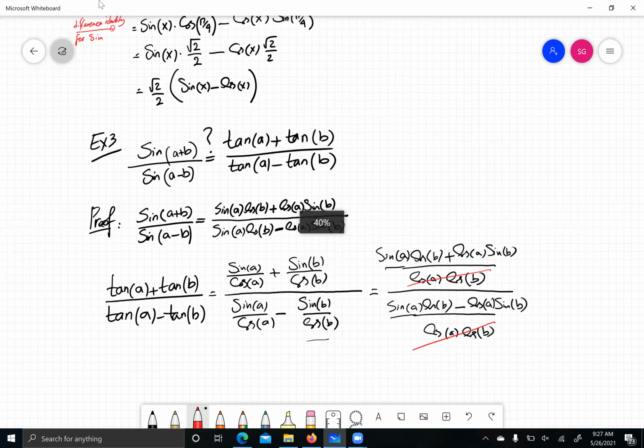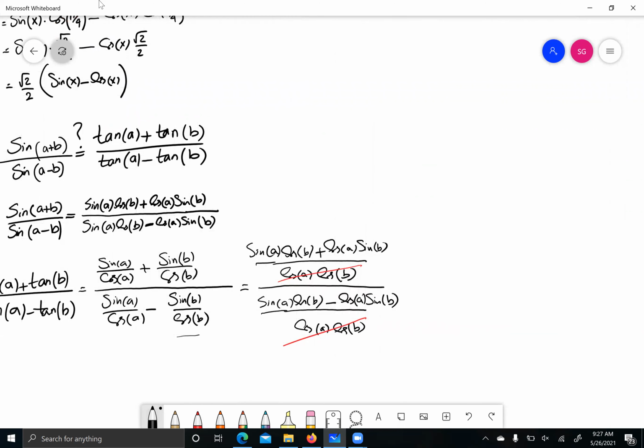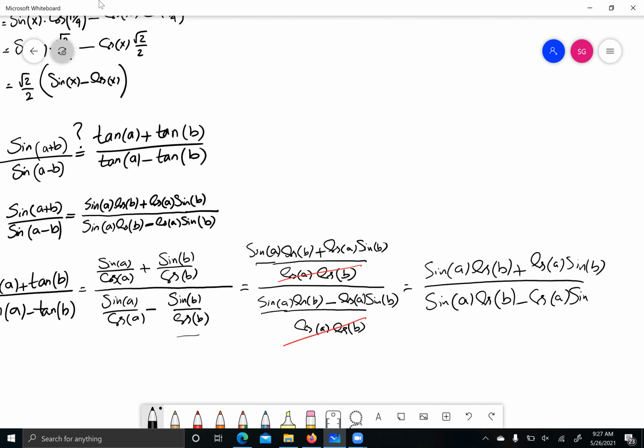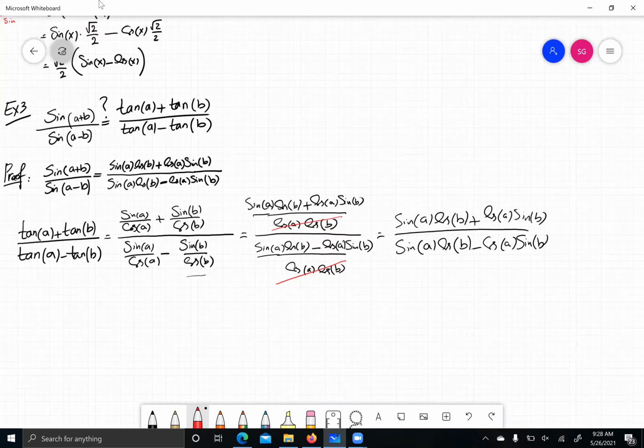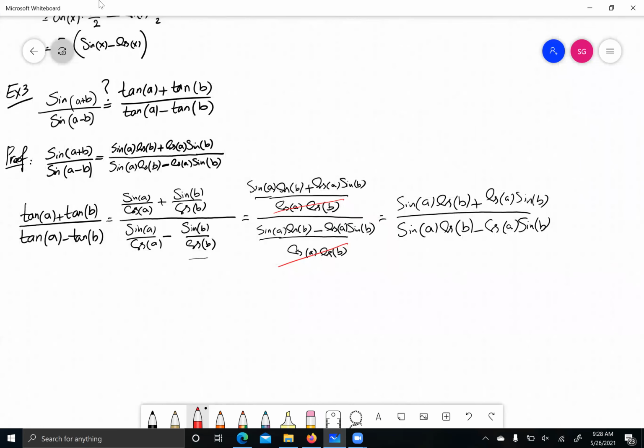So we end up with sine of A cosine of B plus cosine of A times sine of B over sine of A cosine of B minus cosine of A times sine of B. So now look, we simplified. What did we achieve here? We started simplifying the left side and we got this fraction.